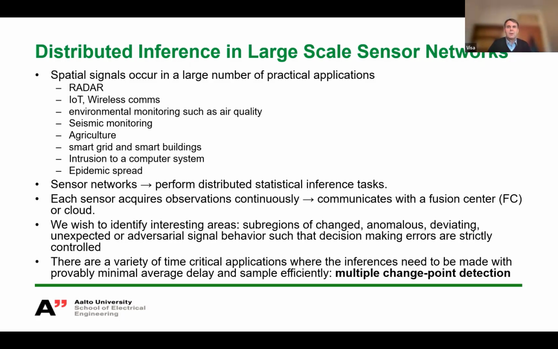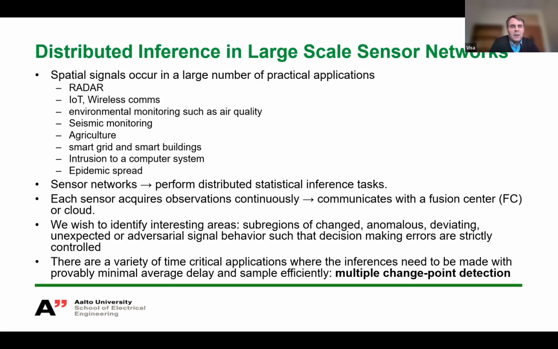Each sensor observes a data stream in a continuous manner, so you have streaming data coming in all the time. The amount of data is such that you cannot necessarily process all of it simultaneously in a single cloud, but you have to do it in a distributed manner. These sensors communicate their local results or inferences to a fusion center or cloud where the actual final decisions are made.